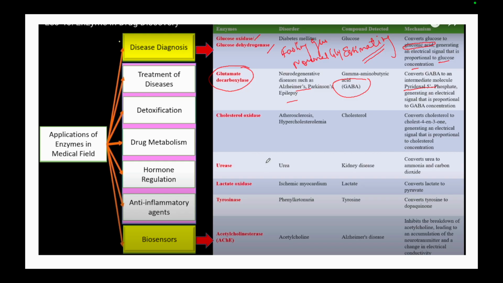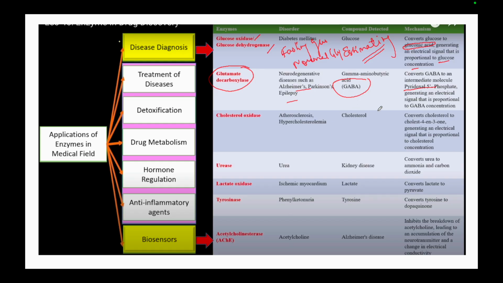Similarly, for diseases like atherosclerosis or hypercholesterolemia. Atherosclerosis is nothing but deposition of cholesterol or fatty lipid molecules in the blood vessels, which leads to blockage of the blood vessels and ultimately can lead to high blood pressure or heart attack.